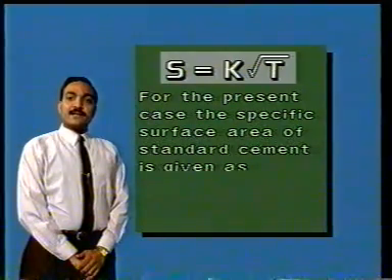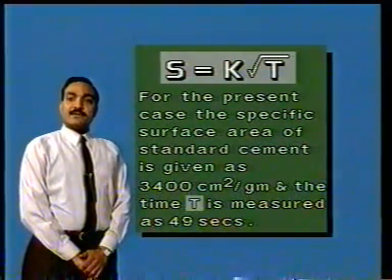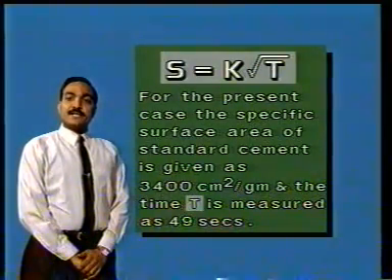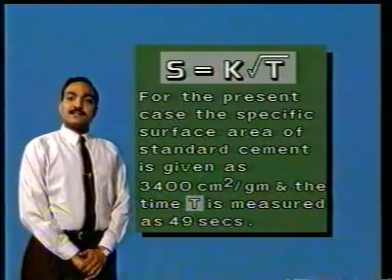For the present case, the specific surface area of standard cement is given as 3400 centimeter square per gram and the time t is measured as 49 seconds.